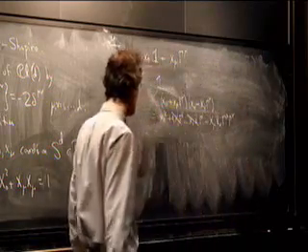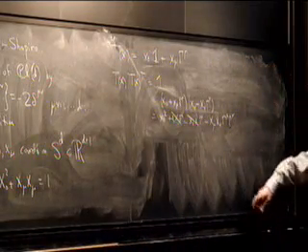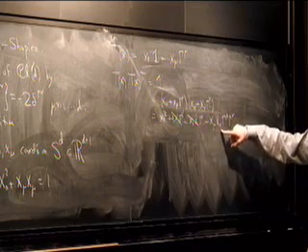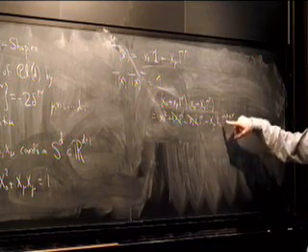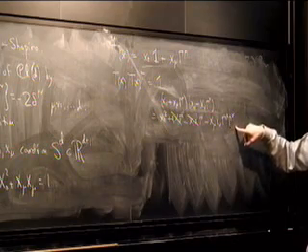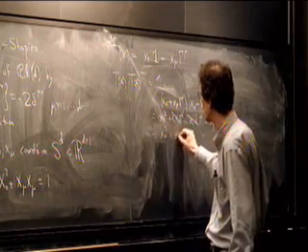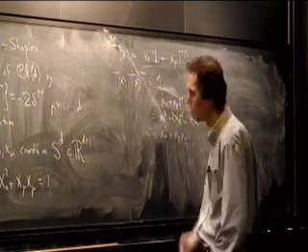Cross terms cancel. And now here I can use the Clifford relations. So you see this is symmetric in mu and nu when they are not equal, and the gamma matrices anti-commute, and they square to minus 1. So this is equal to x naught squared plus x mu squared, which is 1, as I claimed.